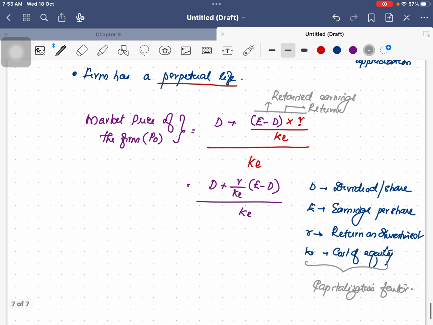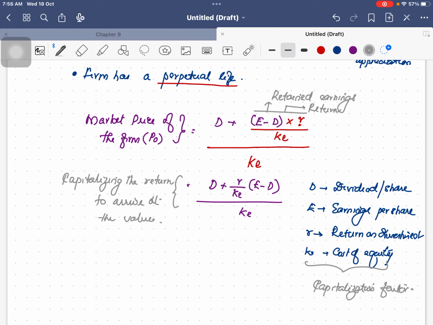So in this formula, what we are doing is just capitalizing the return to arrive at the perpetual value. That's it, nothing else. So this is the formula.